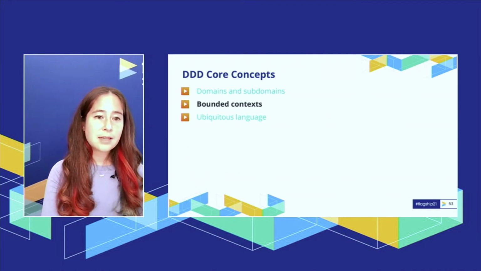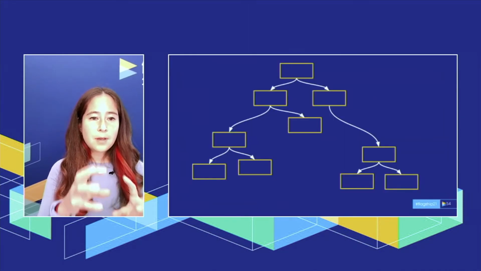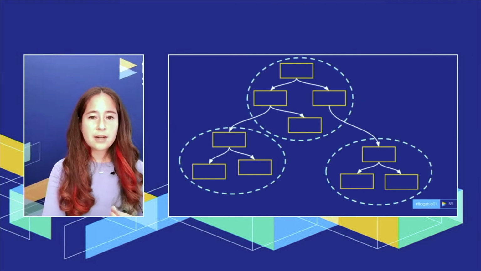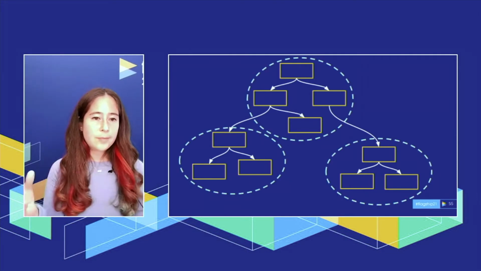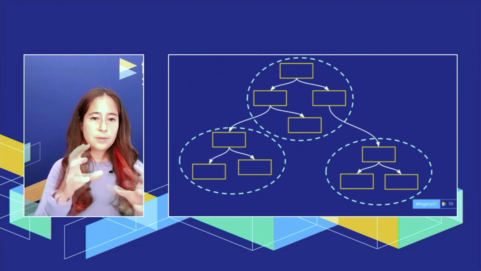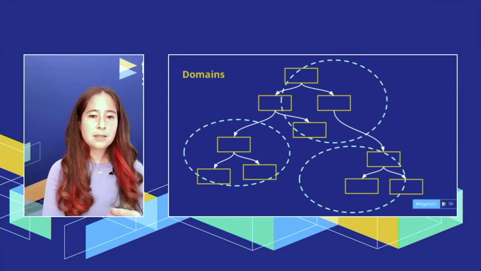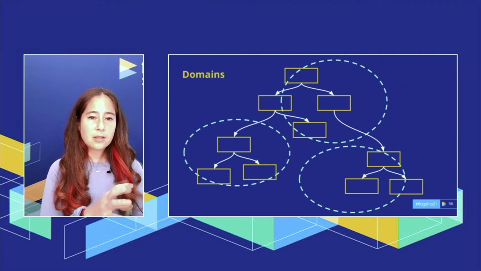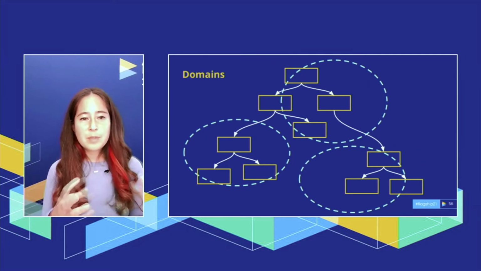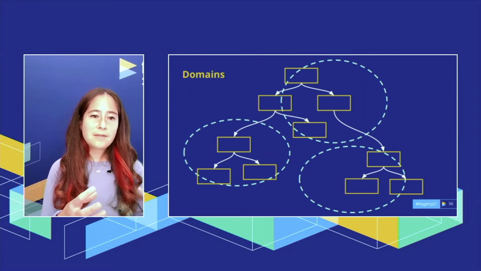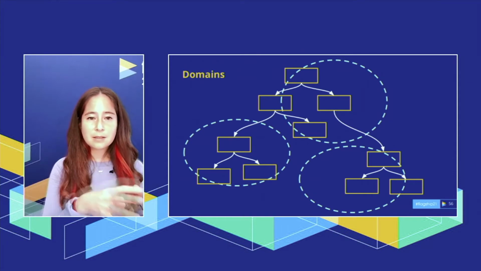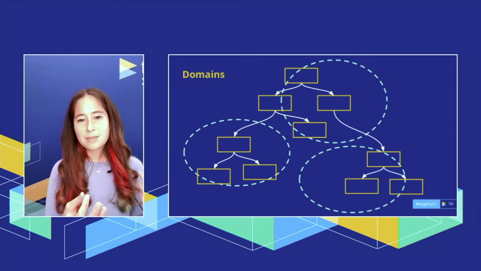So what are bounded contexts then? So if you have your structure here and you have your domains, ideally, you would hope that your actual code and features fit nicely into these domains. But realistically, it's going to look a lot more like this, right? Like you build something that's kind of not really related to this other thing, but happens to live in the same code because they're implemented similarly.